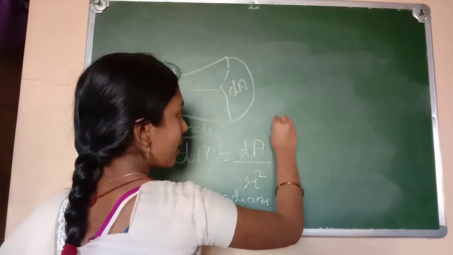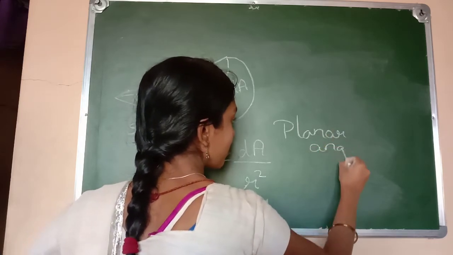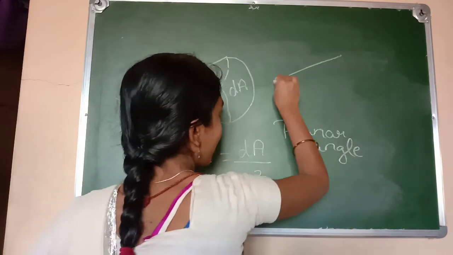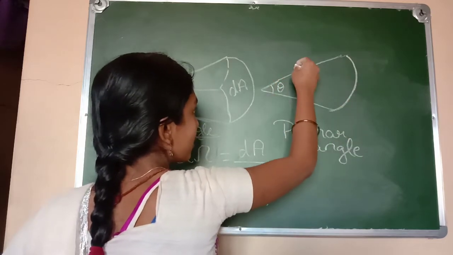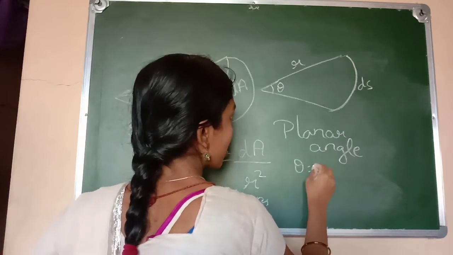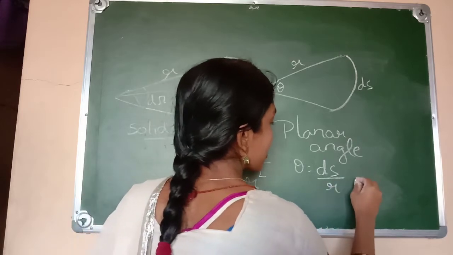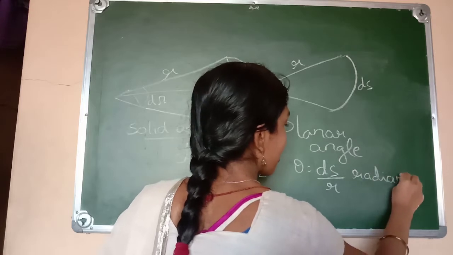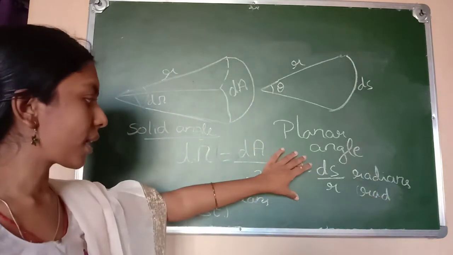And similarly, the planar angle. For the planar angle, it is just between two lines and an arc: theta, r and ds. So theta is equal to ds by r. Theta is defined in radians, symbol rad. So this is a planar angle.